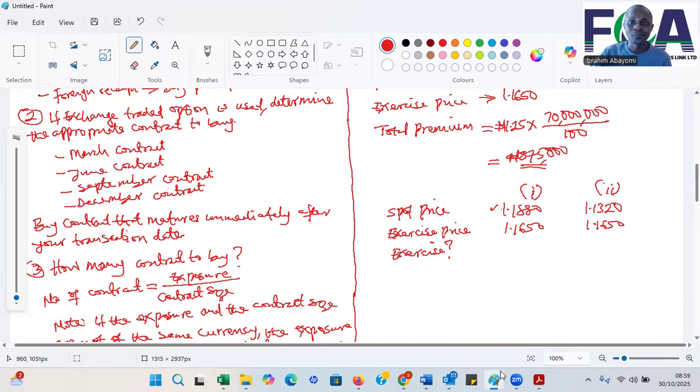But in 3 months' time, if I'm not using the option and I want to get 1 naira from the market, I will have to give 1.188 kudi. But I've already agreed with someone that I will give 1.165 to get 1 naira. Which one is better? You can see that this one is better.